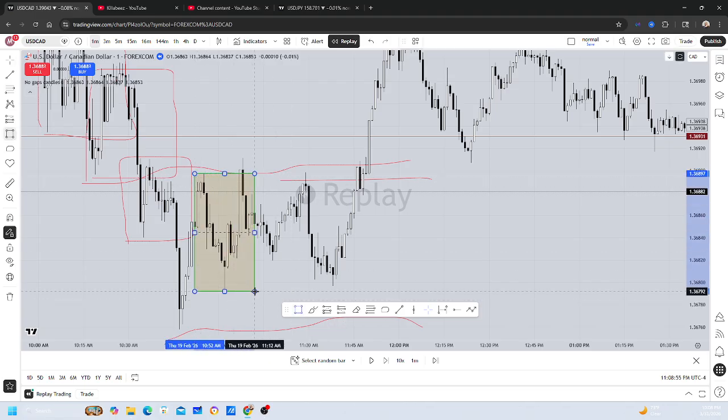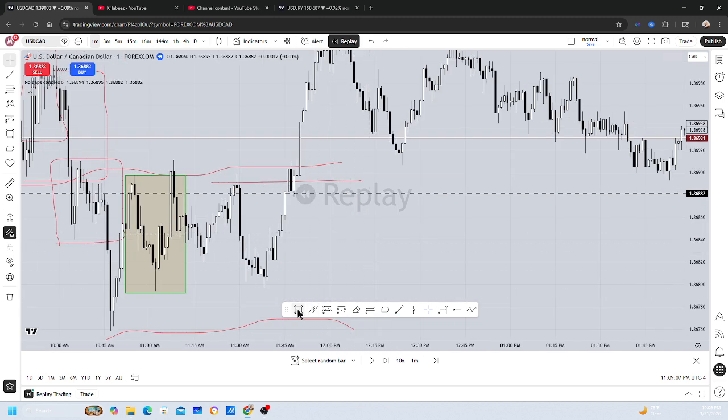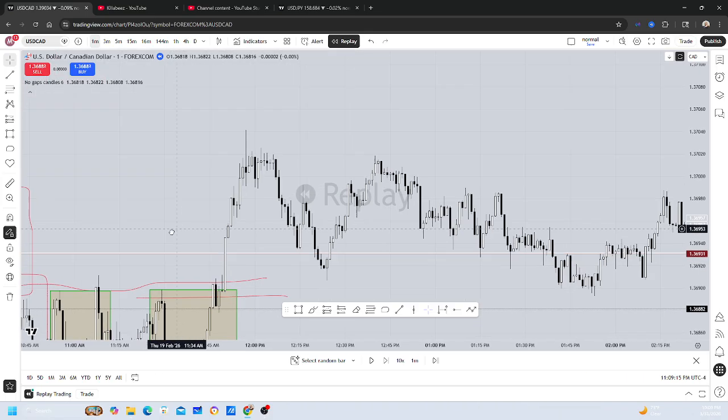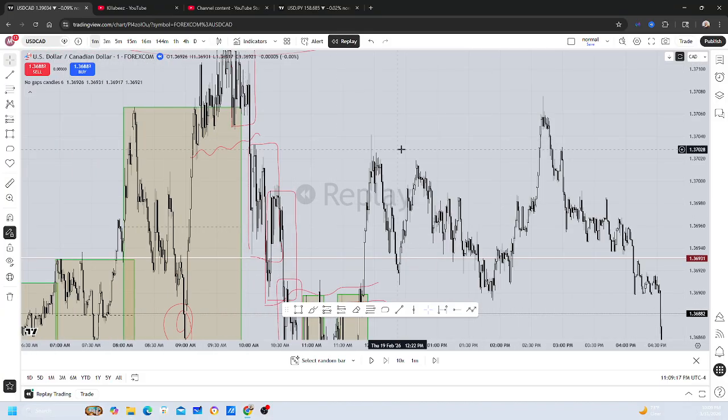This is one swing, because it's swing down, swing up. This is another swing. This is not a swing, because it did not cross the high. But this is another swing, right? Because it traded down, traded up. So that's two swings, right?